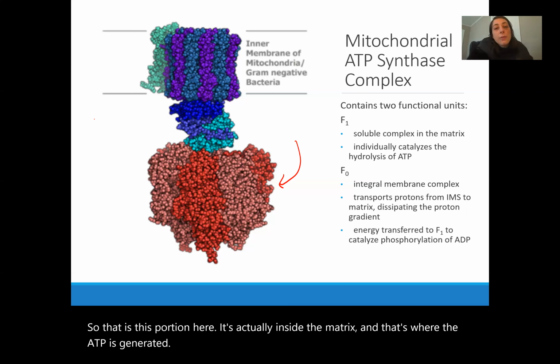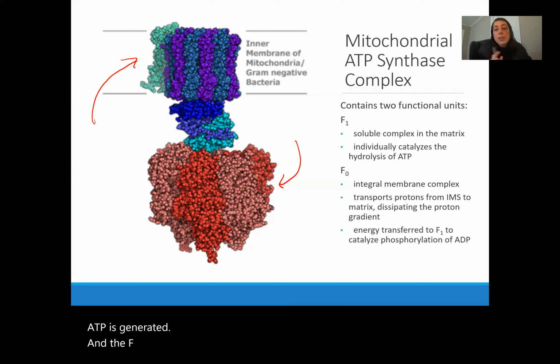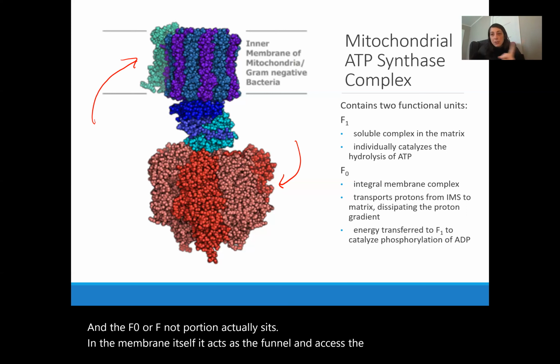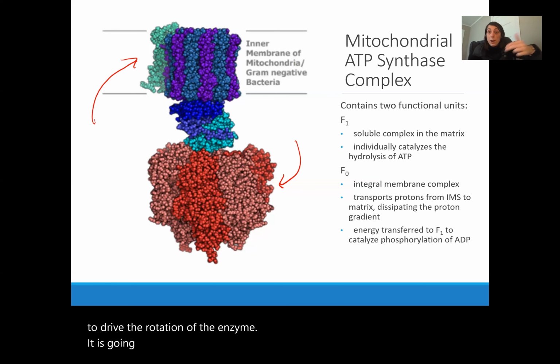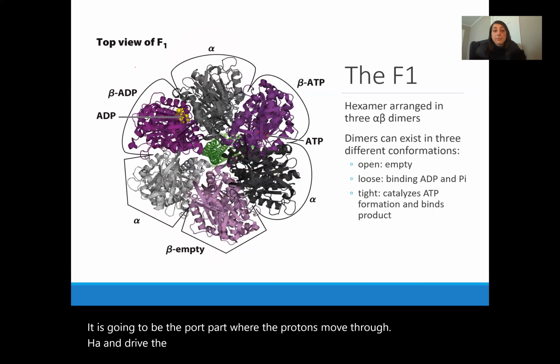And the F0 portion actually sits in the membrane itself. It acts as the funnel, it acts as the gate, and it is going to drive the rotation of the enzyme. It is going to be the part where the protons move through and drive the rotation to make ATP.